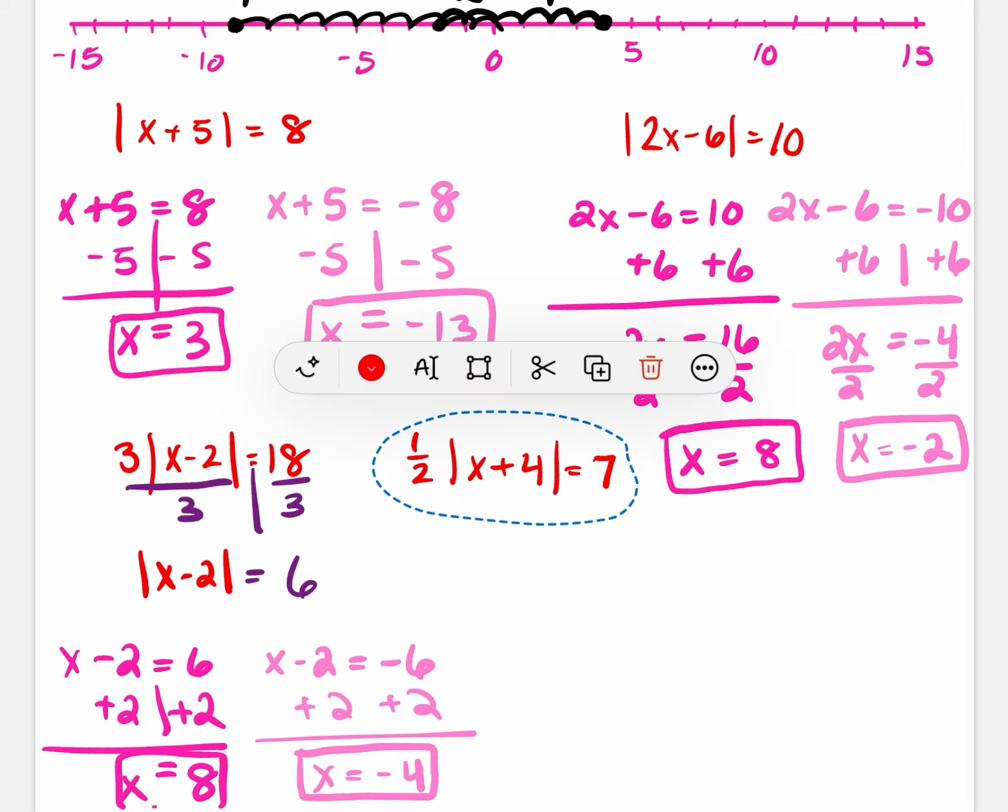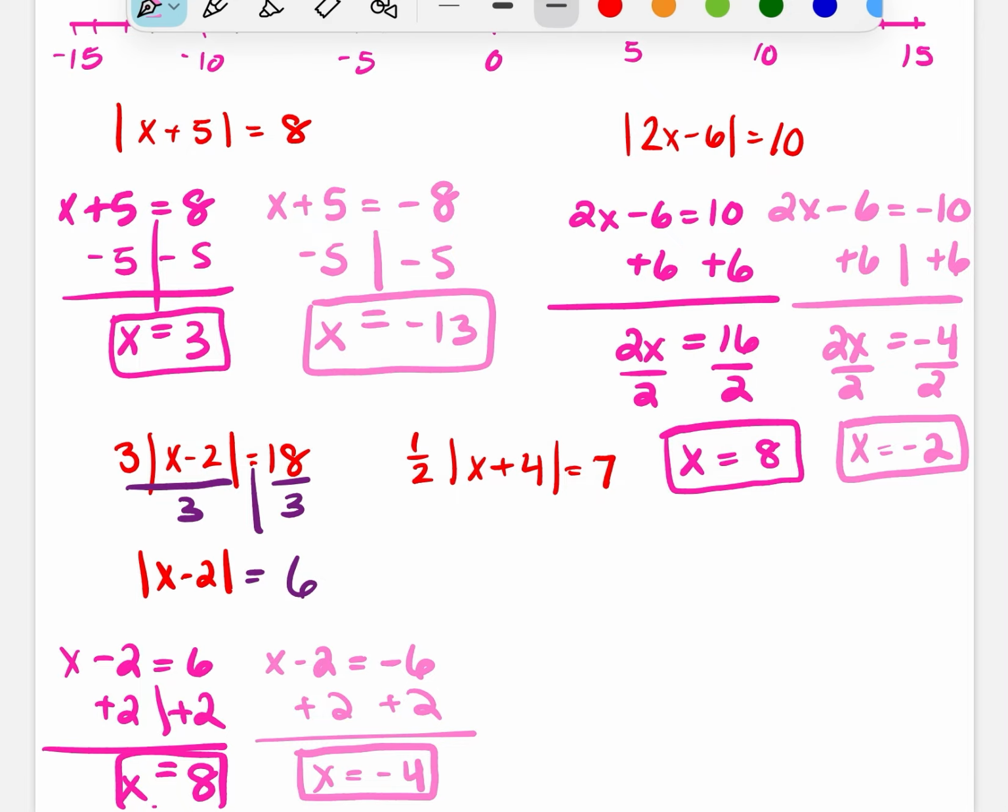Okay, and then the last one here, I'll keep it where it is. Hopefully this is organized enough to follow. So I have another case where I have a number on the outside of the absolute value bars. And so I want to get rid of it, undo it, change the look of this.